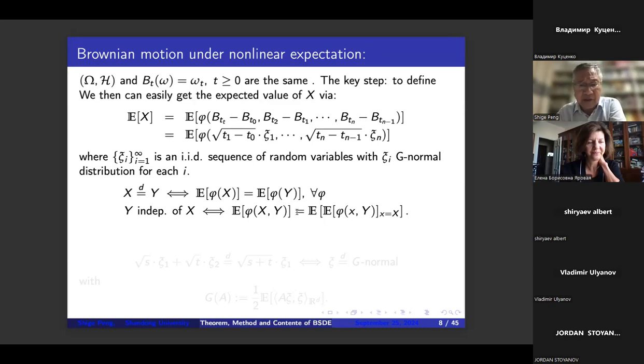Here, of course, the expectation is sublinear. In fact, even in more general nonlinear cases we can still use the same argument to define the more general situation.